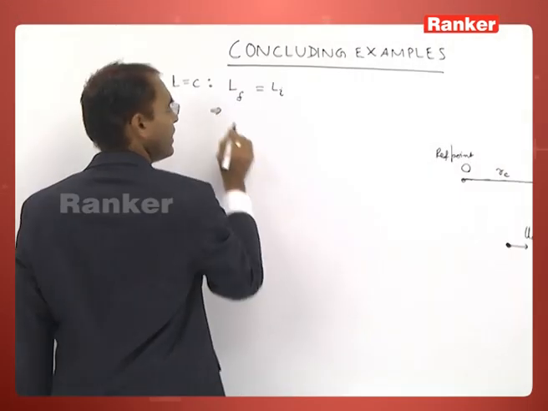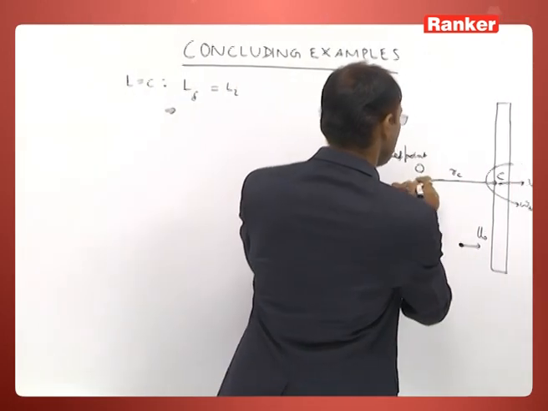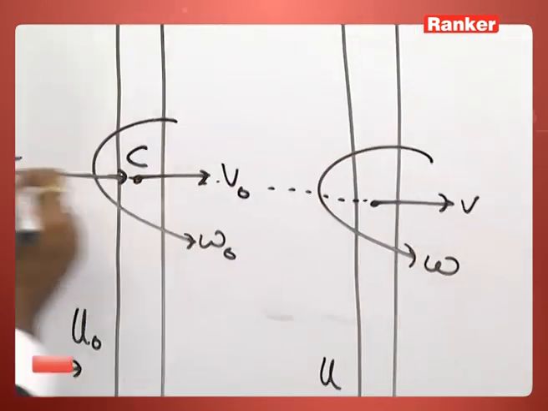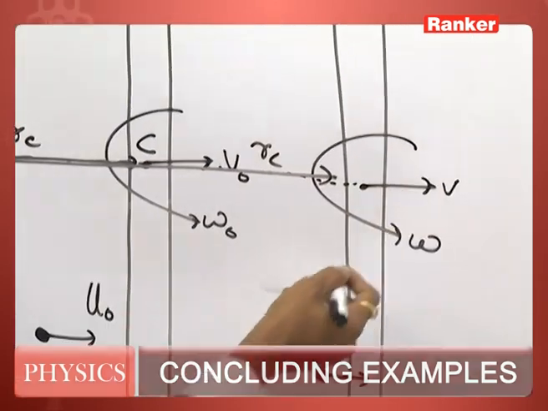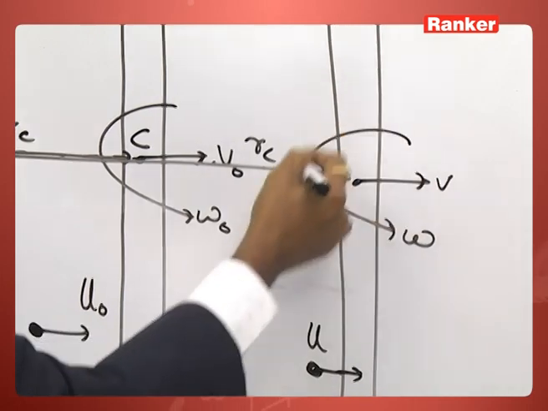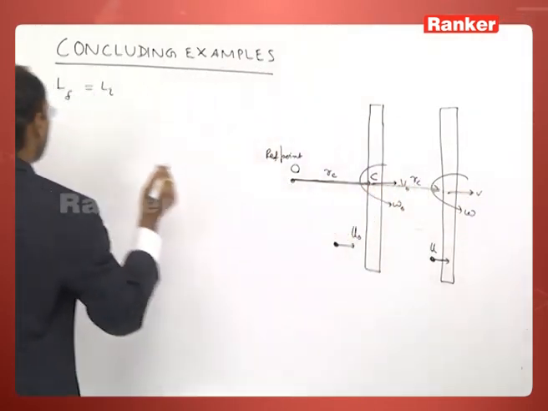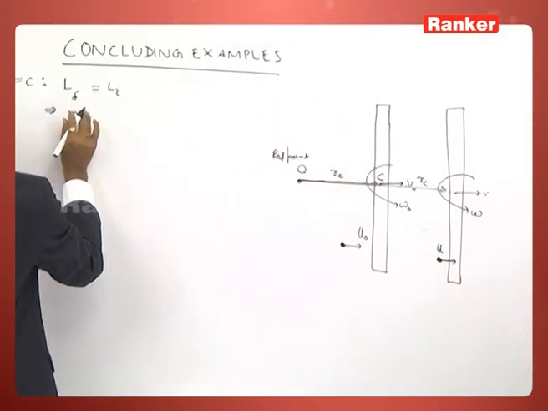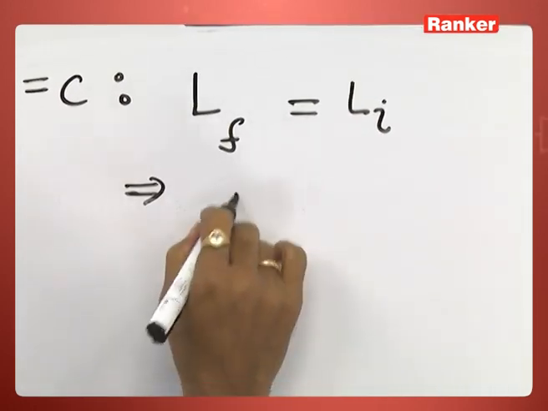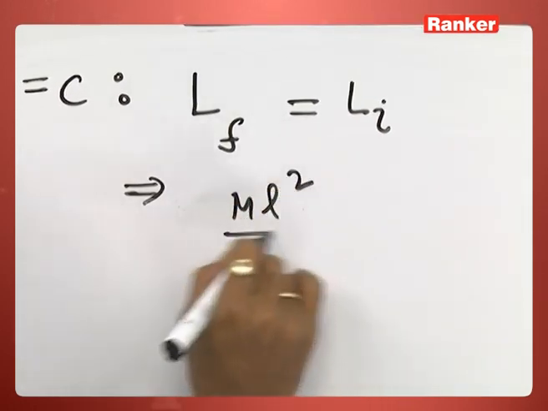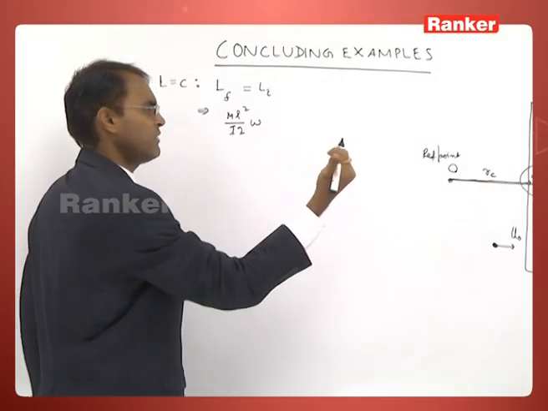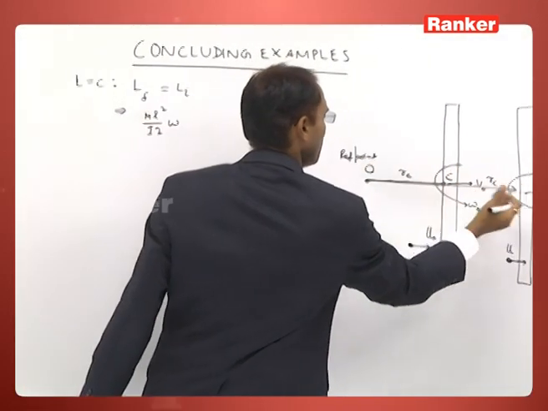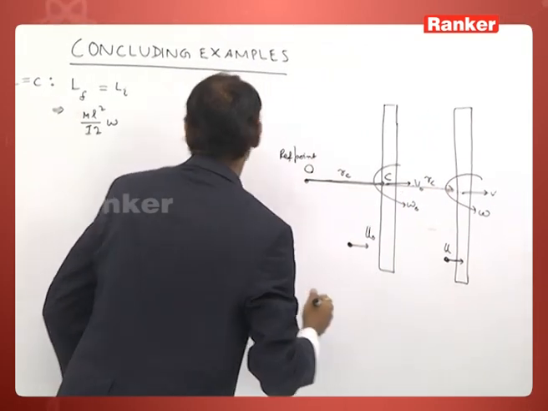The final angular momentum of the rod is only the spin part, capital M L square by 12 into omega, in the positive z direction.